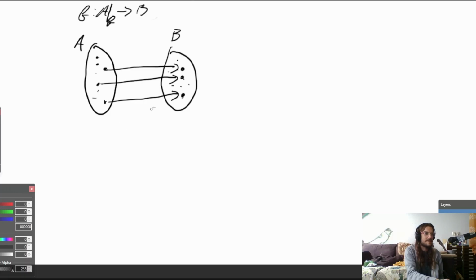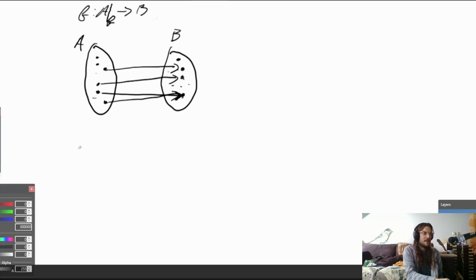There's a few things that can happen here. One of the things that can happen is that one element in B gets hit twice, by this point and this point, for instance. Another thing that can happen is that some elements in B are not hit at all.